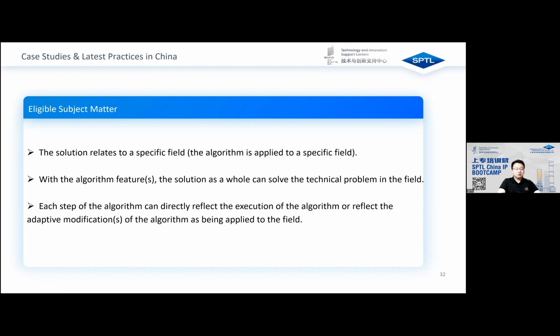This kind of IM-related solution is eligible for patent coverage.